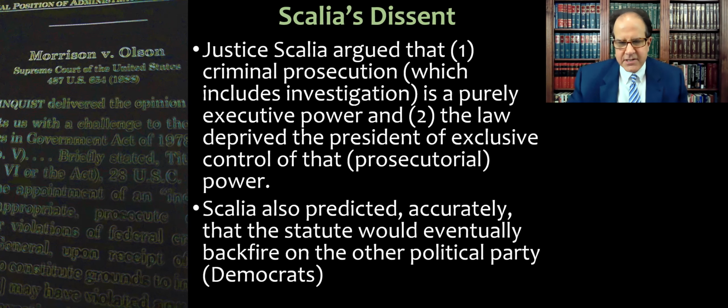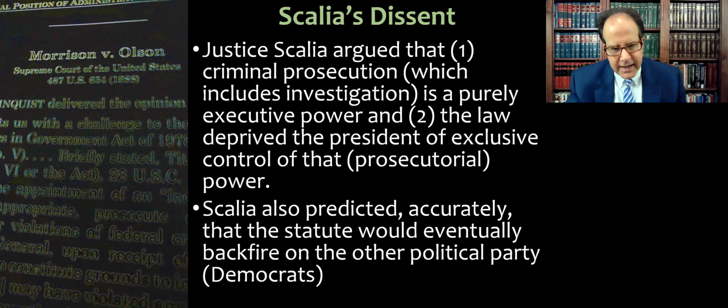And Scalia says this really looks executive, and that's so in line with those other functionalist cases. Then this should require presidential appointment. He also thought it was really problematic that the president didn't have exclusive control of these investigations.